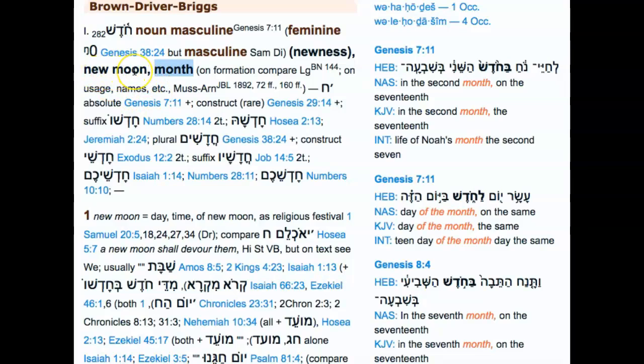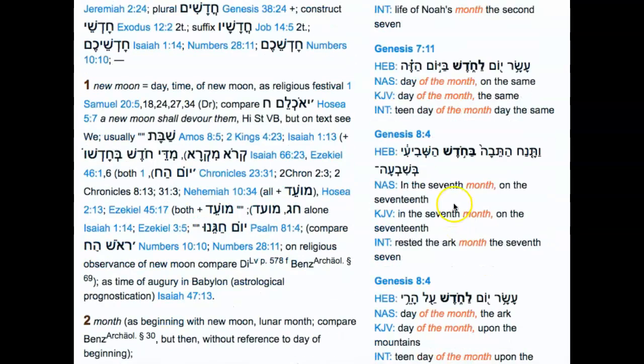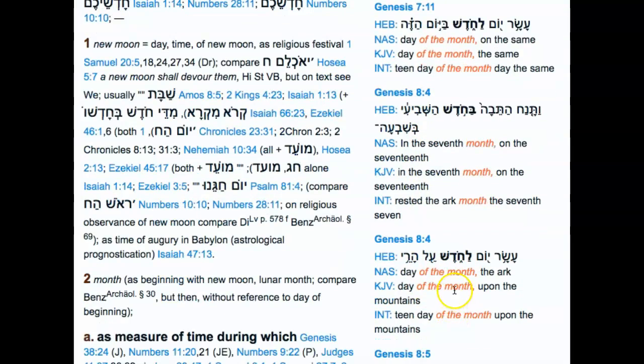They purposely added this here to get the phrase new moon, to keep a different calendar, adding and taking away. And we're going to prove that right now, because as you see with the occurrences, in the first occurrences in Brashith or Genesis 7:11, you see the word month is being used. And throughout all the occurrences, you pretty much see the word month being used, even in Brashith Genesis 8:4. And we're going to be talking more about that also.